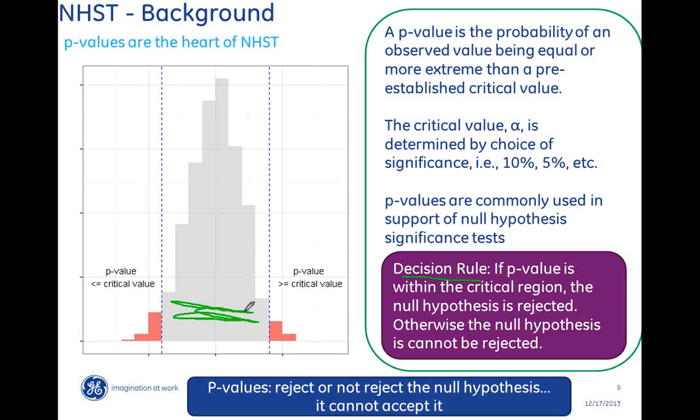Basically, there's not enough evidence to suggest that value is different from 0, and that's what you leave with from that test. I don't want you to think you can leave saying, hey, I can accept the fact that this is 0. No, that's not what the test is telling you. All the test is telling you is that you don't have enough evidence to suggest that it is different than 0.